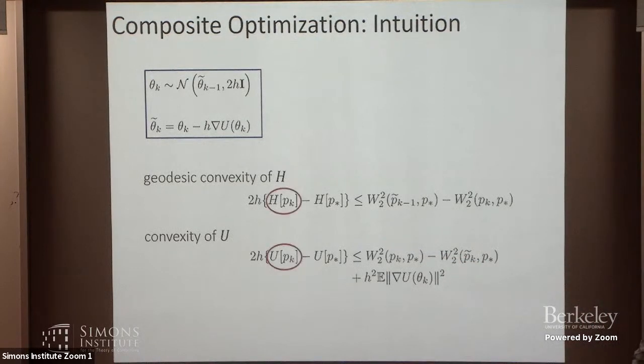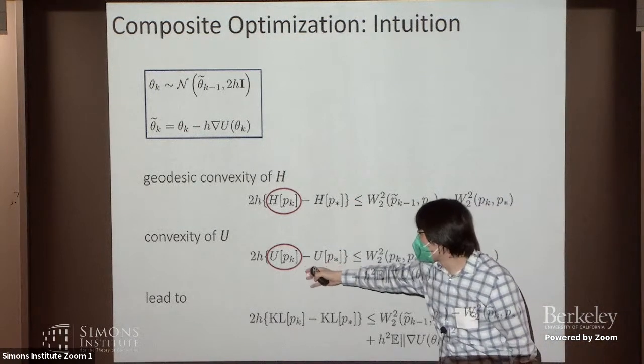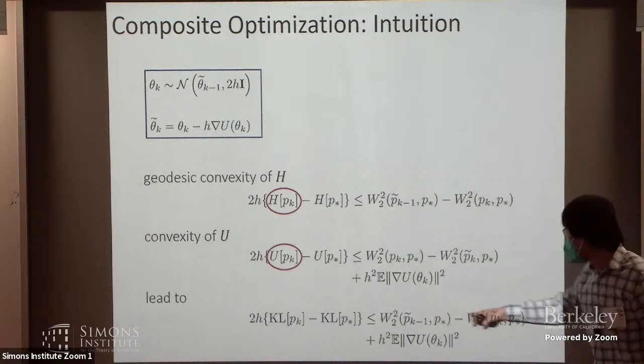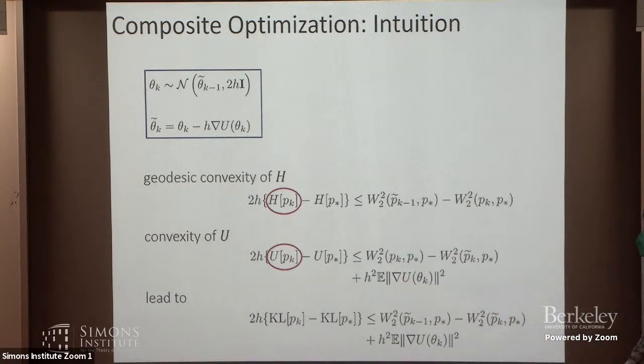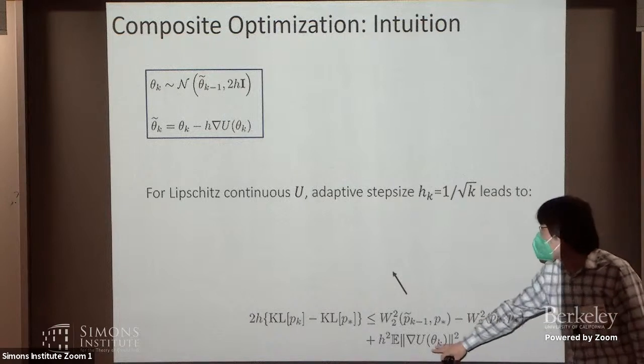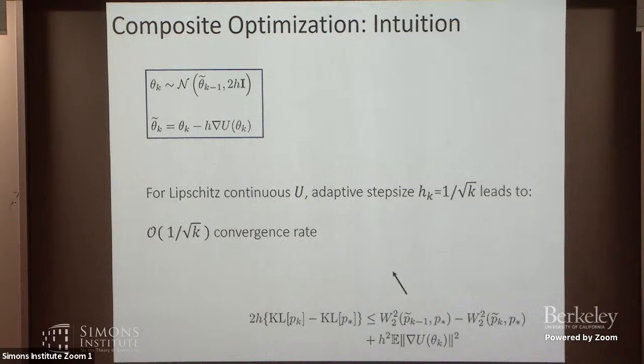So now you can readily combine these two, so that self-entropy plus cross-entropy gives you KL divergence, and then have this update rule. And so, for people familiar with convex analysis, this directly gives you that if, say, U is Lipschitz continuous, this one is bounded, then an adaptive step size of 1/√k leads to a 1/√k convergence rate.